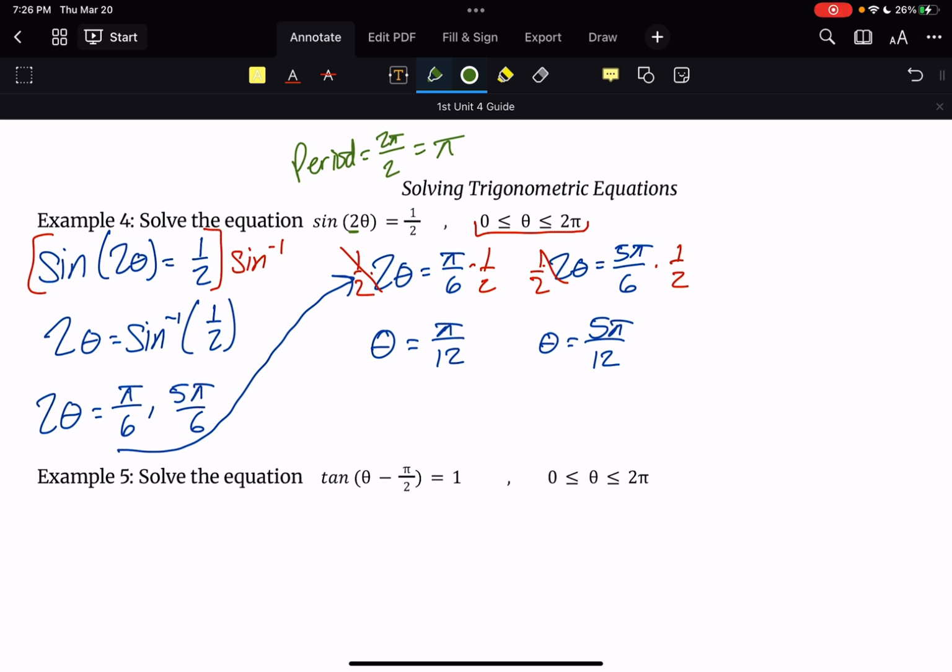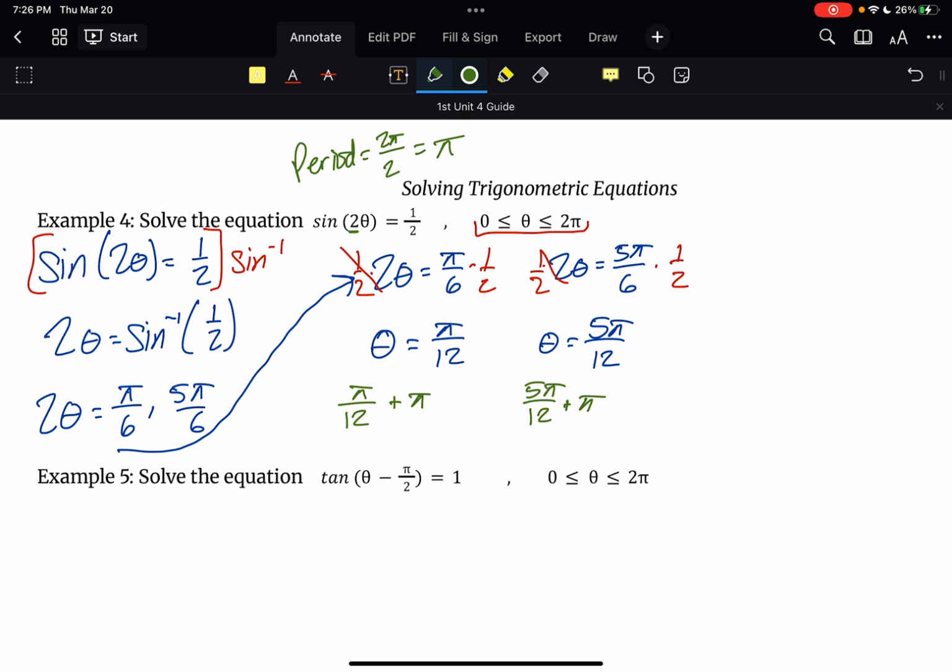So what I need to do is take these two solutions and add pi to them. So I get pi over 12 plus pi and 5 pi over 12 plus pi. Again, because this period is pi, it's going to be repeating itself.